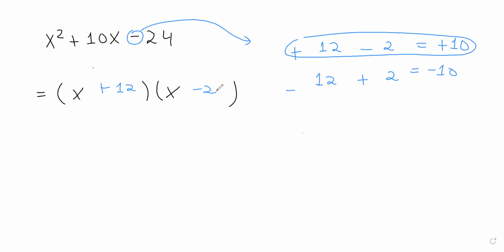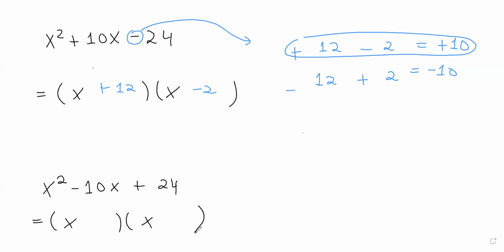Again, let's do that problem. Another problem just came to mind. What if I changed this problem and made it x squared minus 10x plus 24? What would the answer be? Let's look at my constant.